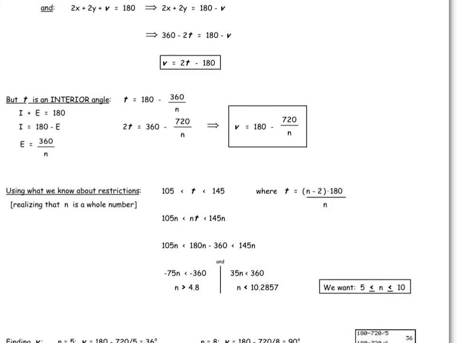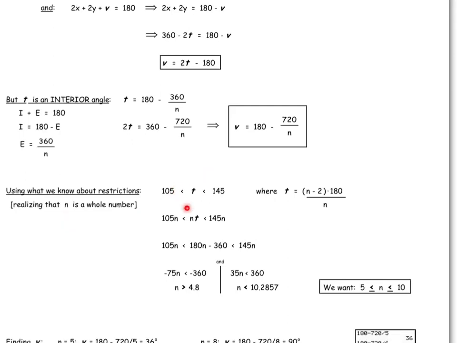Here we are back on page 2 again, using what we know about restrictions, and realizing that n is a whole number, no fractions, no decimals for n. Remember, t could have a decimal, n can't.